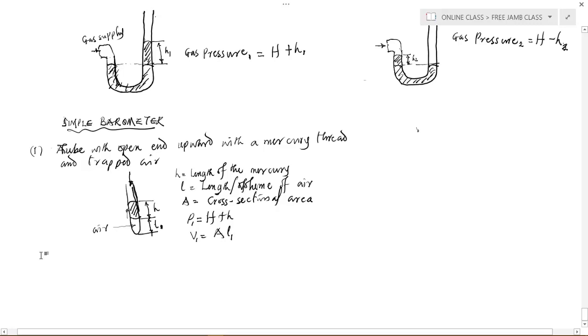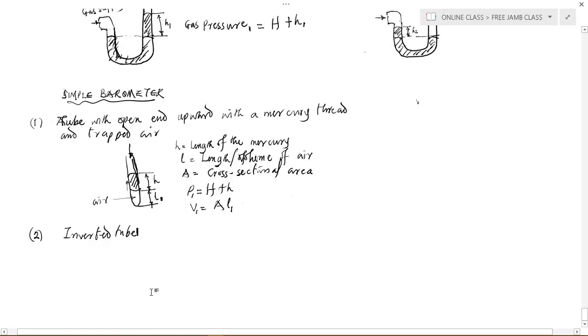Number 2 of this case. Inverted tube. In this case, it means that we have a tube inverted like this.